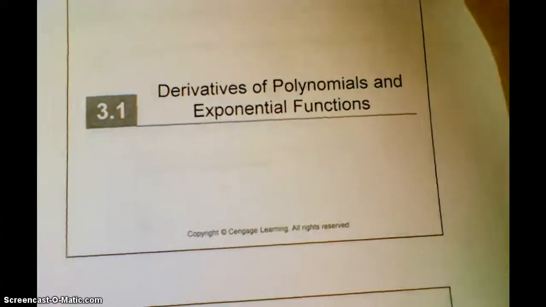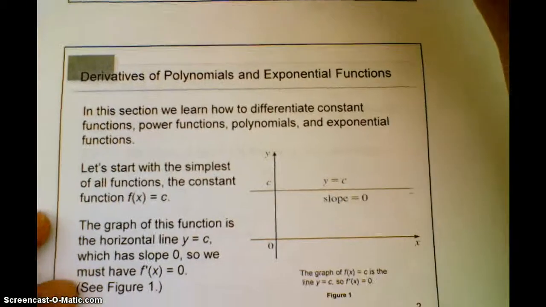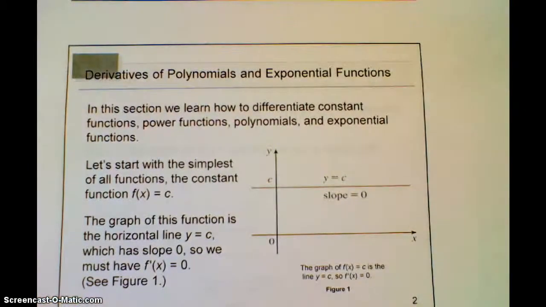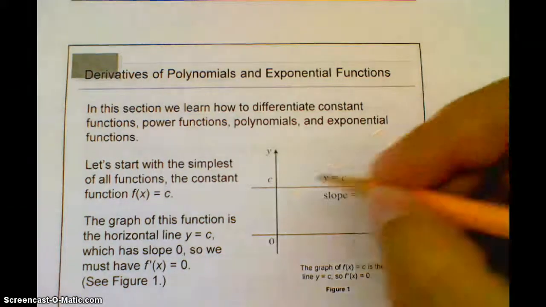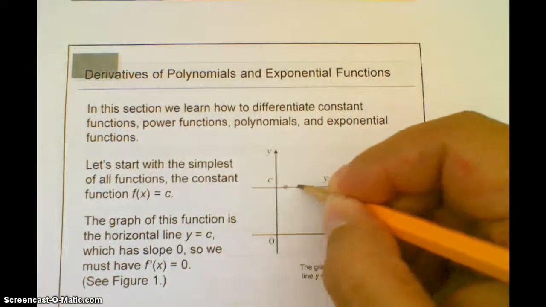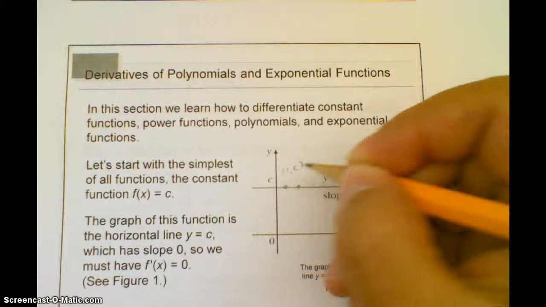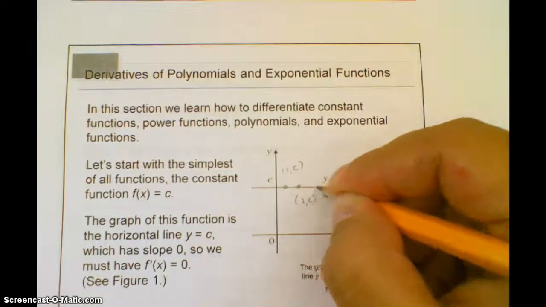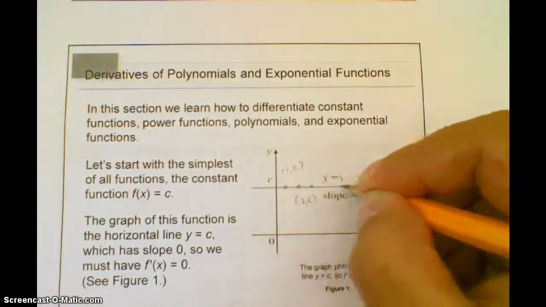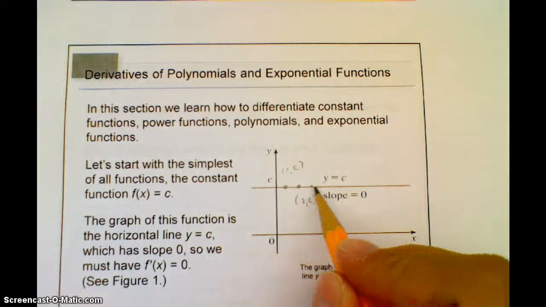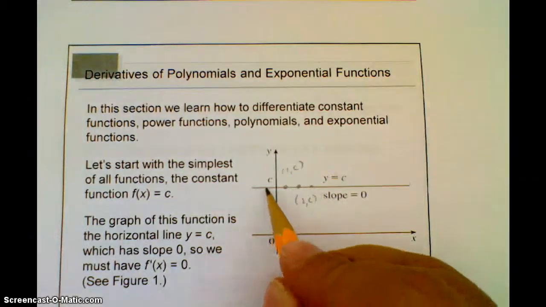I'm going to go over the slides as I did before. So the first one talks about the derivative of a constant function. So at every single point here, whether I have 1c, 2c, 3c, and so on, or any point on this line, the tangent line happens to be itself.